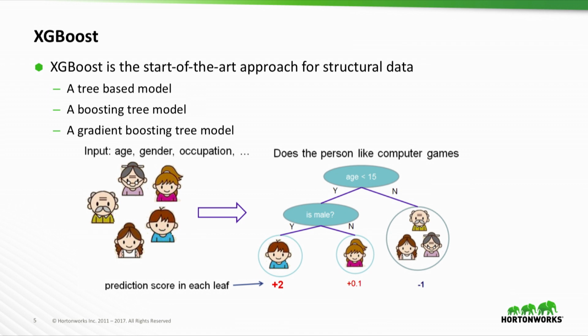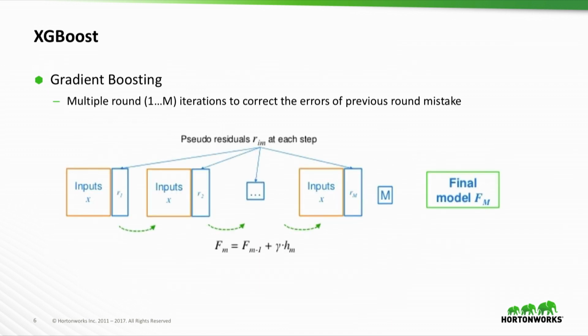Then we use the score on the leaf node to answer the predictive question. A younger boy likes computer games more. So this is the split process of a decision tree model. After you build one tree, we will use boosting.